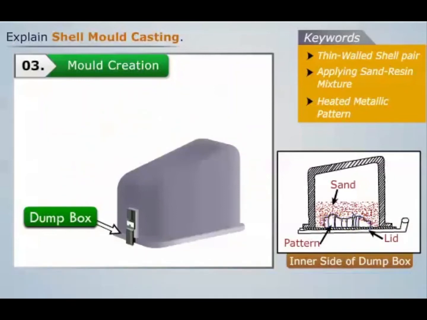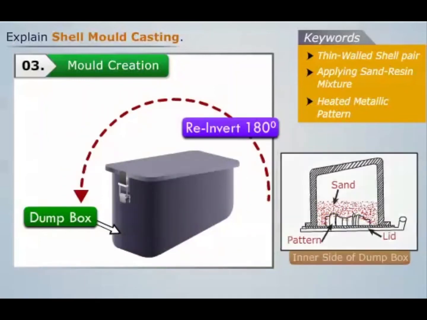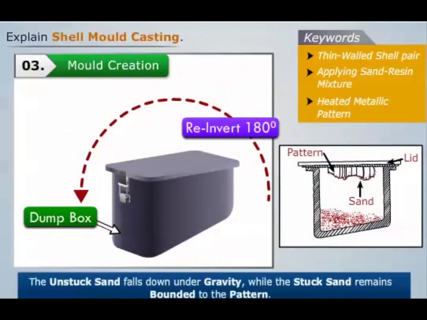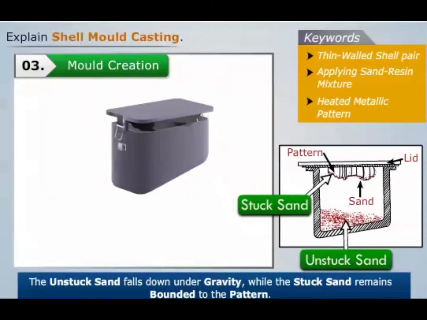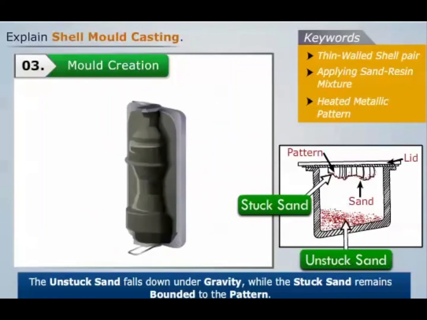Now when we re-invert the dump box back to its original position, we see that the unstuck sand falls down under gravity, while the stuck sand remains bonded to the pattern. Thus we see that a shell is formed by the layer of stuck sand around the surface of the pattern.